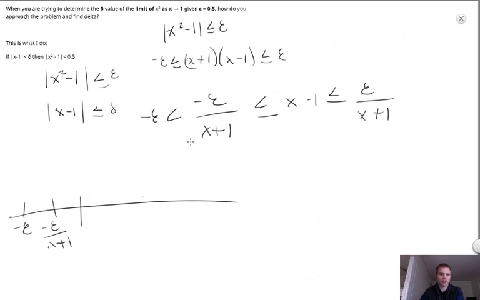This is true. And this is 0. And here is epsilon. Epsilon is less than that. And this is epsilon over x plus 1, which is always less than epsilon. So this is the side that I had the problem with.